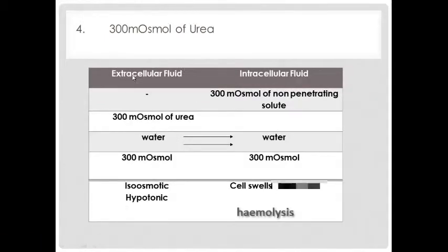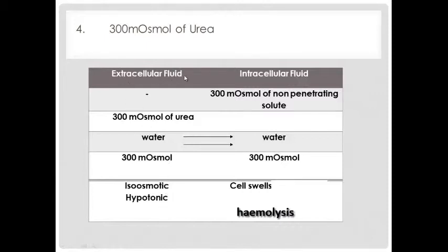In test tube 4, in the extracellular fluid we have 300 mmol of urea. In the intracellular fluid, we have 300 mmol of non-penetrating solute. But urea, we know, is a penetrating solute, and the total osmolality in the extracellular fluid is 300 mmol, equal to the intracellular fluid, which also has 300 mmol, so it is isosmotic.